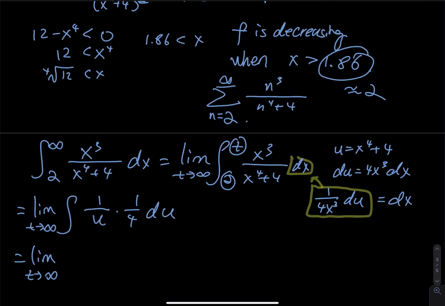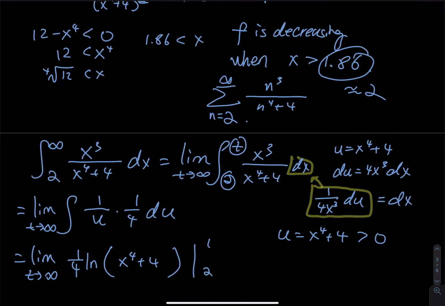So here we have 1 over 4, and then ln of the absolute value of u, right? Since u is equal to x to the 4 plus 4, that is always positive, so it is not necessary to use absolute value. So that goes from 2 to t.